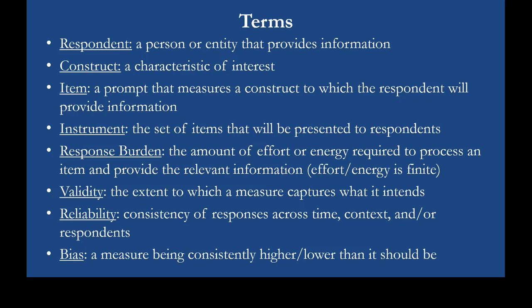And then bias is this other thing that we worry about. It's really a special kind of, this is sort of the consequence of having something that's invalid or unreliable. And so this would be when the measure that you get is consistently higher or lower than it should be. So for instance, people have done work on this: if you ask people to rate how intelligent they are relative to the general population, they think that they're above average, right? So this is an example of bias.